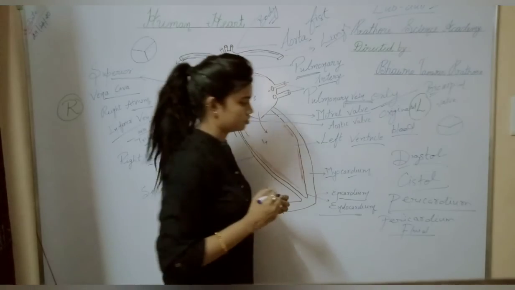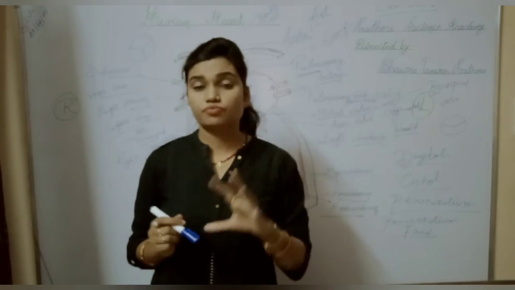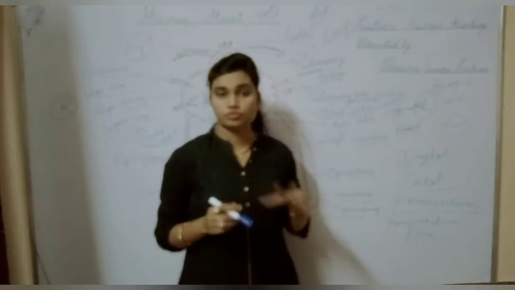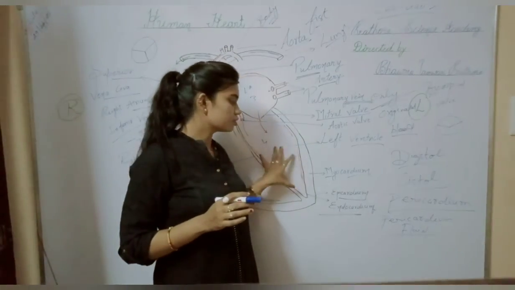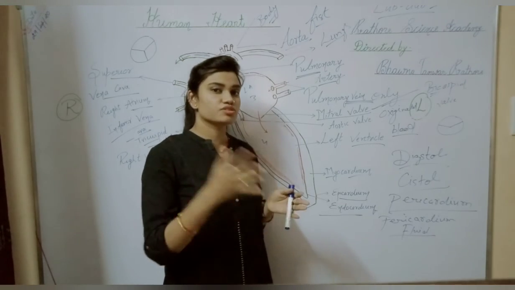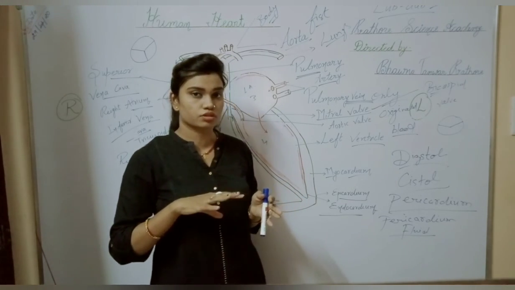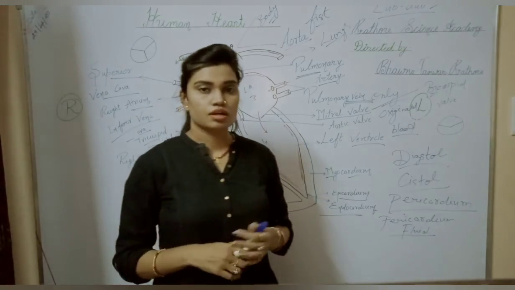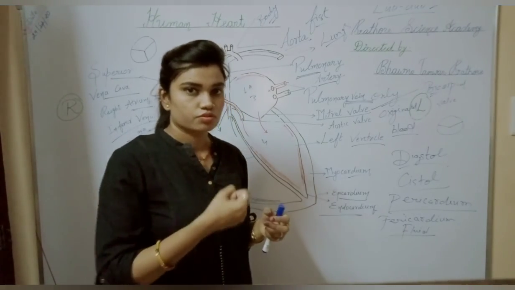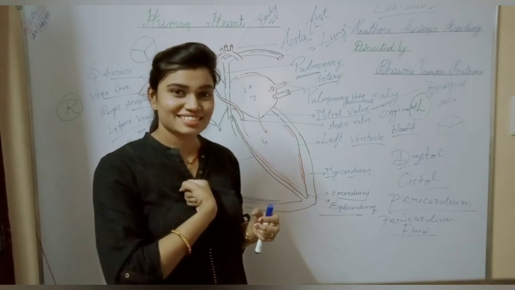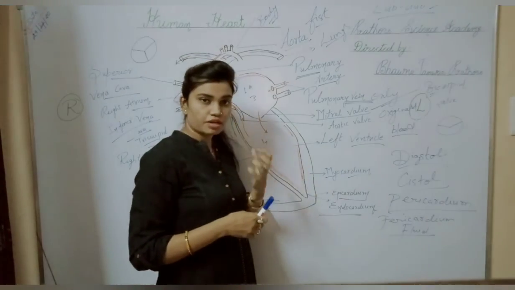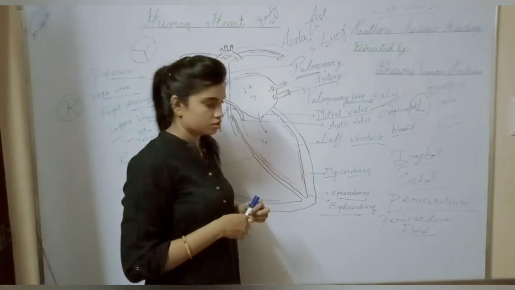The function of pericardial fluid is to protect the heart from any external injury or shock. Okay, if anyone pushes or punches you on the chest side, there will be pressure on the walls of the heart, right?